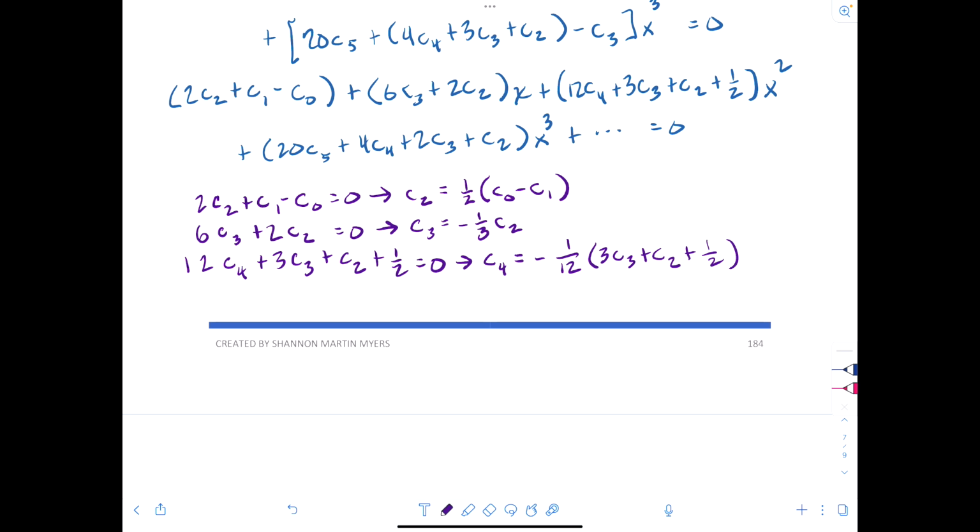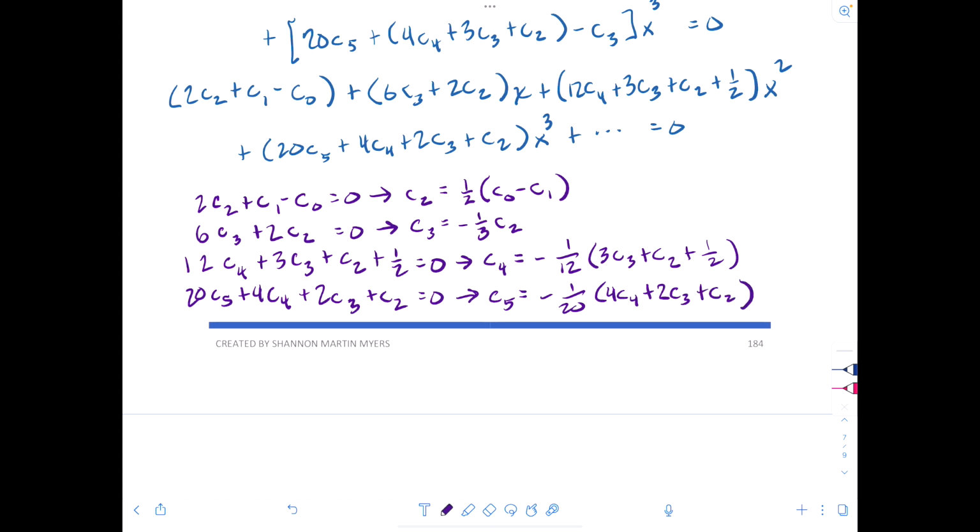And then I've got my 20C5 plus 4C4 plus 2C3 plus C2 is equal to 0. And that would give me C5 is equal to negative 1/20 times 4C4 plus 2C3 plus C2. Groovy?